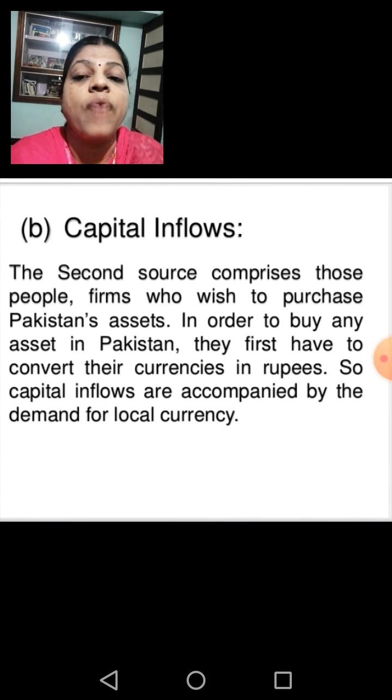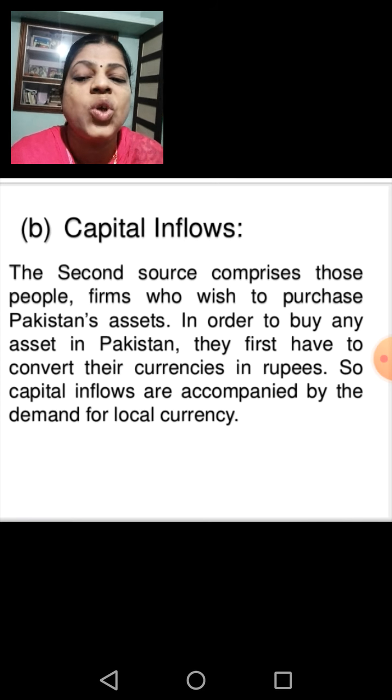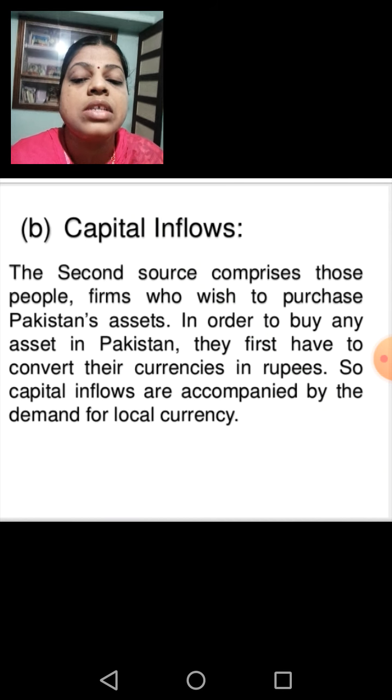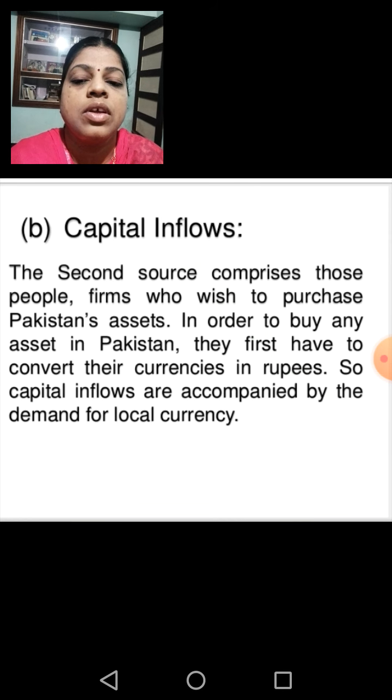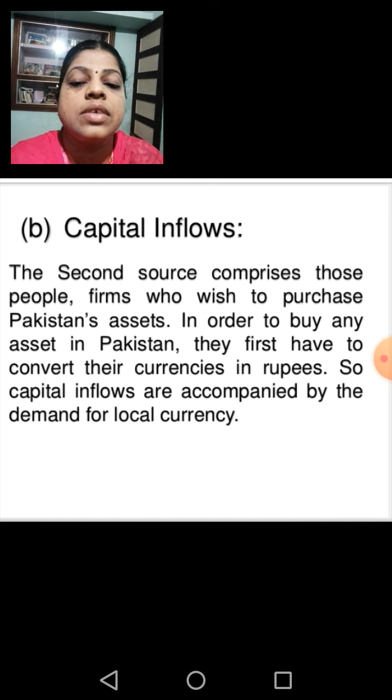Then the second factor, the second source, comprises those people and firms who wish to purchase Pakistan's assets. In order to buy any asset in Pakistan, they first have to convert their currencies into rupees. So capital inflows are accompanied by the demand for local currencies.